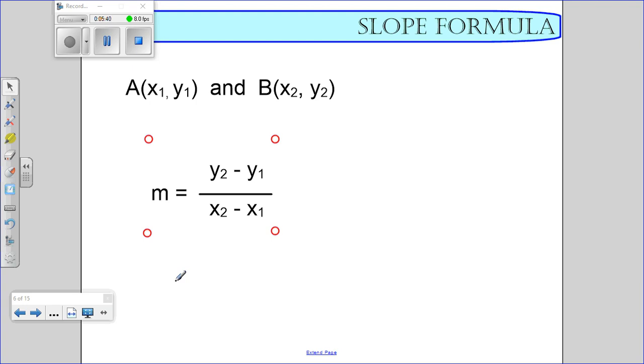So we take the y of the second point minus the y of the first point, divided by x of the second point minus x of the first point. Make sure you are subtracting before you divide.